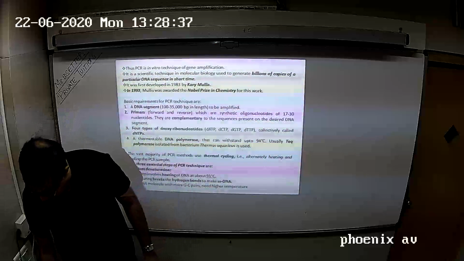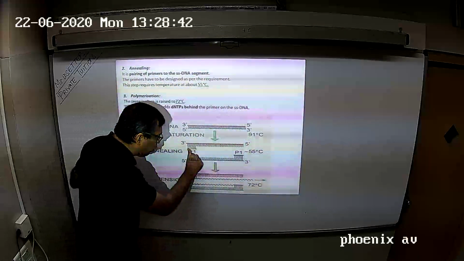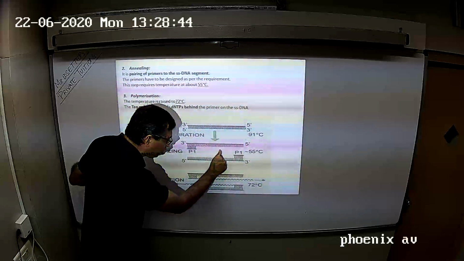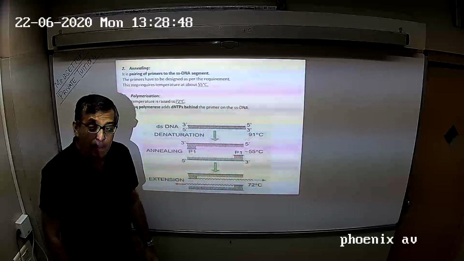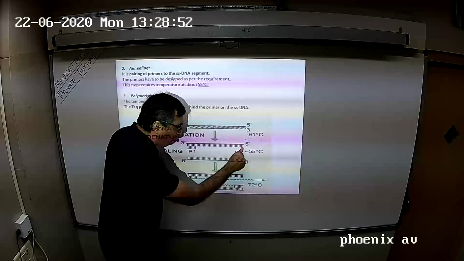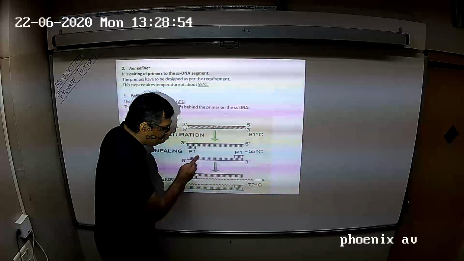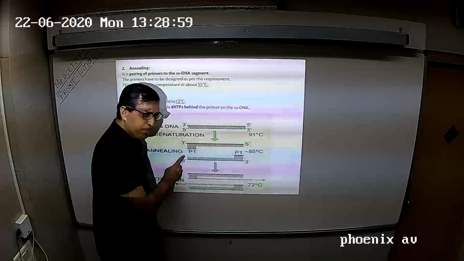So this is the desired DNA segment, and these primers attach on it, which are artificial RNA primer molecules. There are forward primers and there are reverse primers.